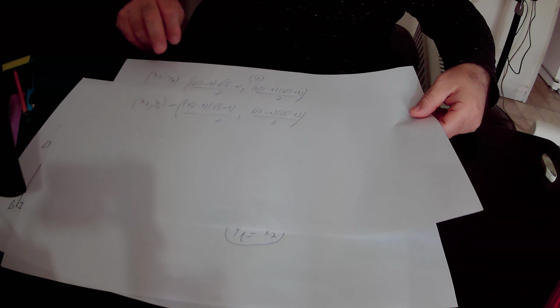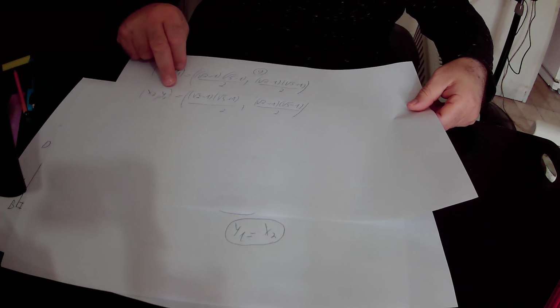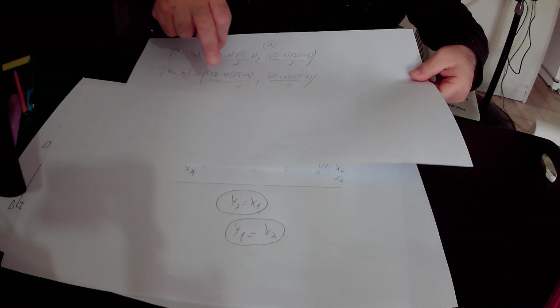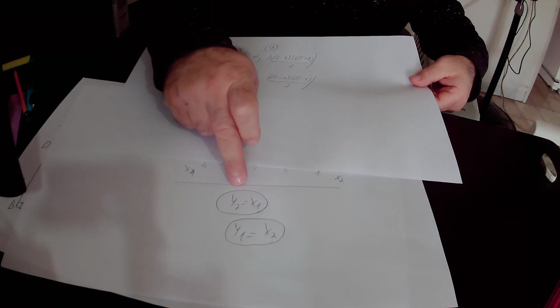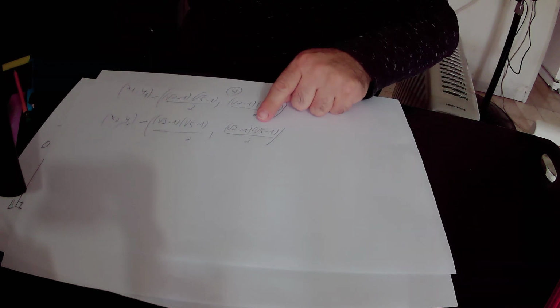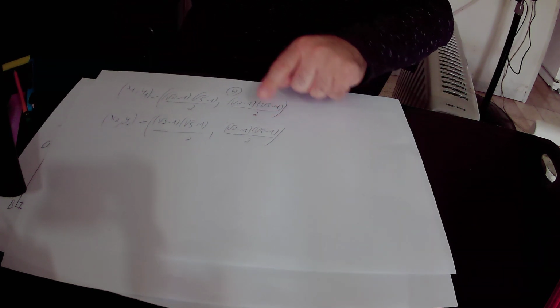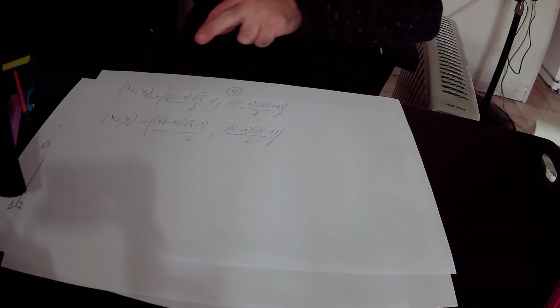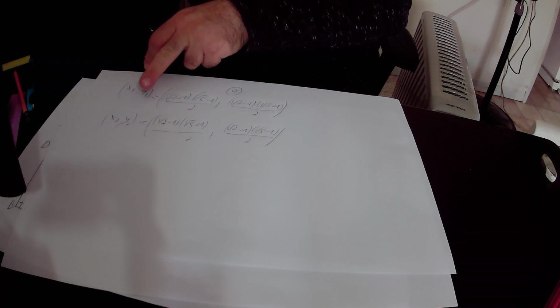And the second solution is x2 and y2, where y2 equals x1, so this expression is actually x1. So this is x1, y1, the first solution, and the second solution, x2, y2, is this solution.